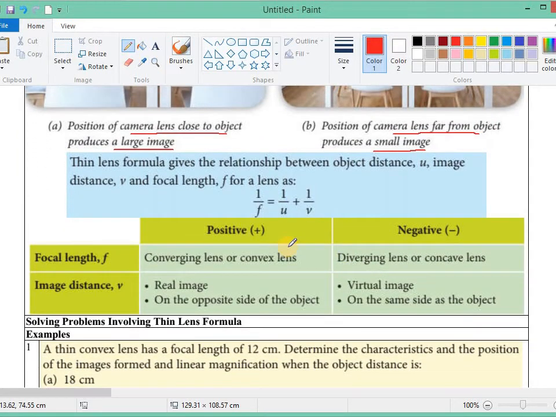So how do we use this thin lens formula? This table is very important. When we are using a convex lens, the focal length of the convex lens, we must put a positive value. If it is a concave lens, the focal length we need to put a negative value.